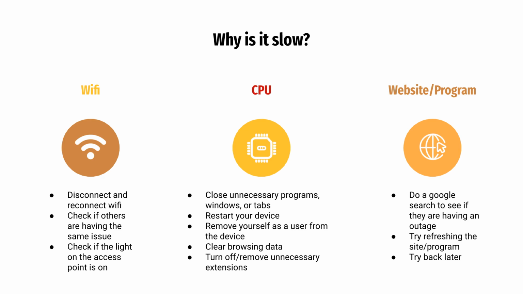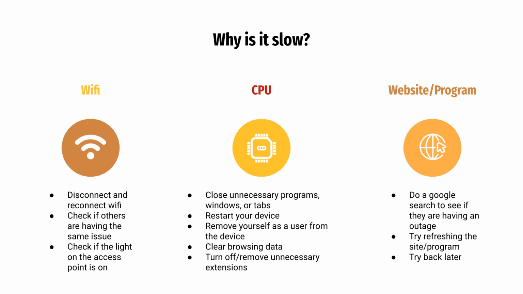The other thing that might happen is your CPU, which is a term for your processing speed and your memory space. This is just going to happen when your device gets overloaded. So you're going to want to make sure to close unnecessary programs, windows, or tabs. Try restarting. If you're on a Chromebook, you can remove yourself as a user from the device and then re-add yourself.